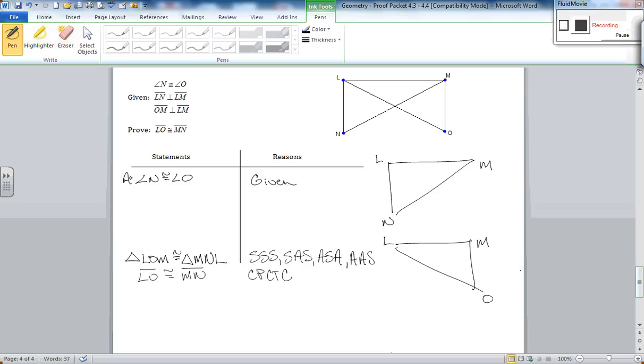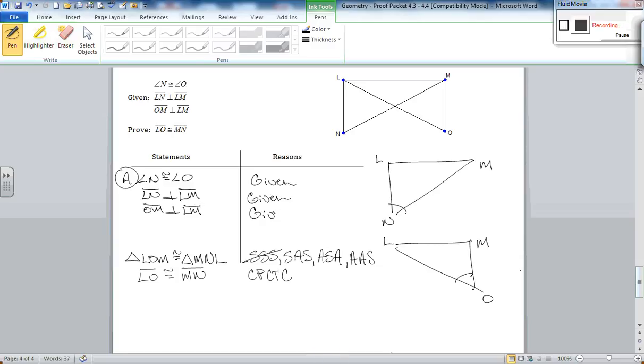Now, because we're given an angle congruent statement, angle N congruent to angle O, these being in the triangles we're trying to prove congruent, we know that side, side, side is not going to be an option, or it's not going to be our easiest option. Okay, we also know that line segment LN is perpendicular to line segment LM. And we know that OM is perpendicular to line segment LN.